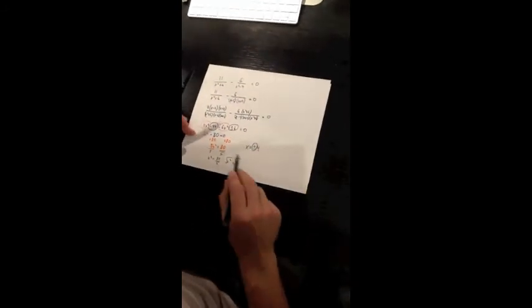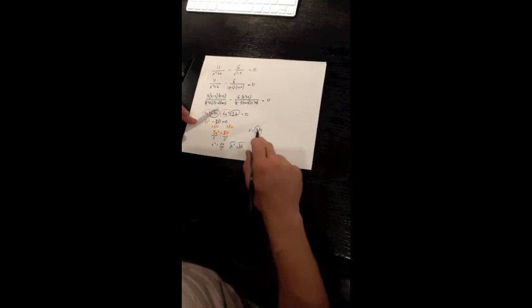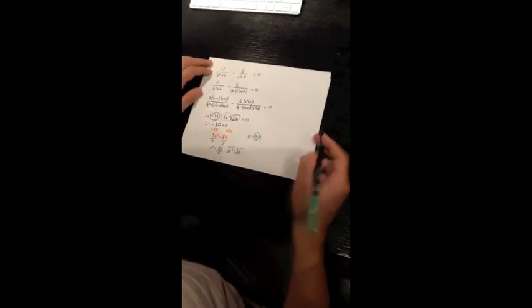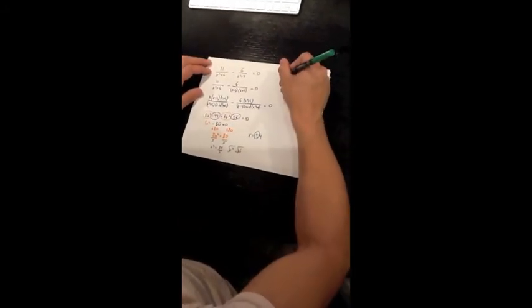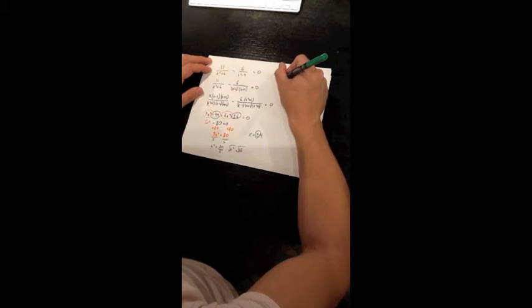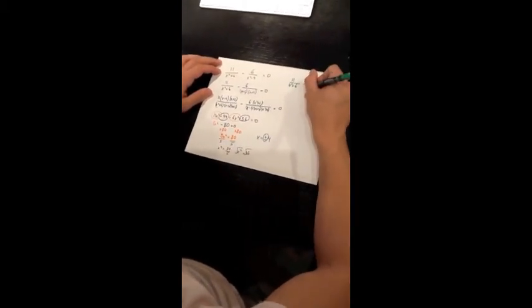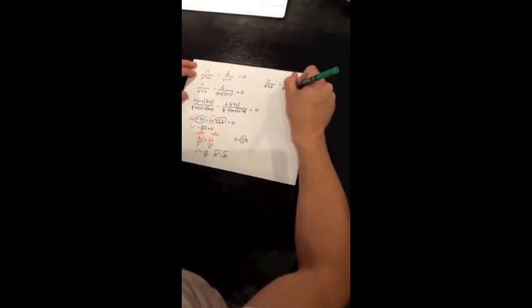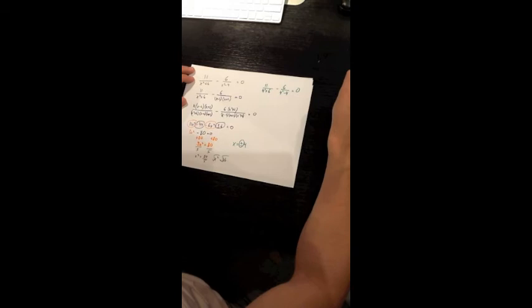Now this plus or minus is crucial because after doing the square root property, you can get a positive or a negative number. So now in order to check this number, you could plug the 4 into the equation and see if it's true. So we're going to plug in the 4. You're going to have 11 over 4 squared plus 6 minus 6 over 4 squared minus 4 is equal to 0.